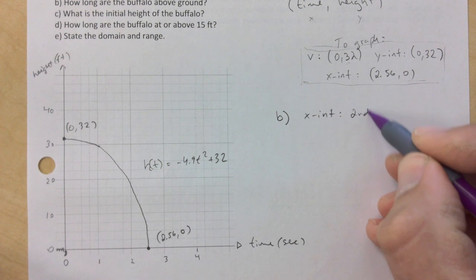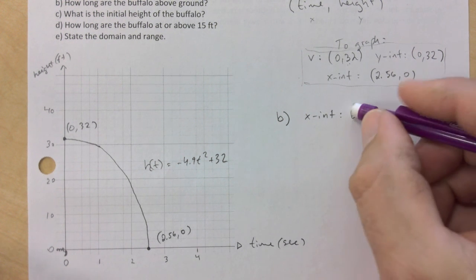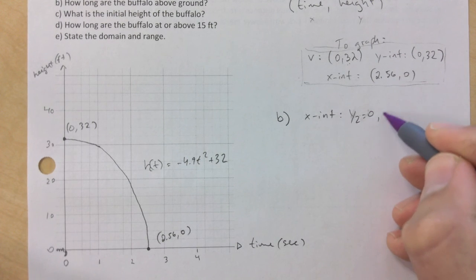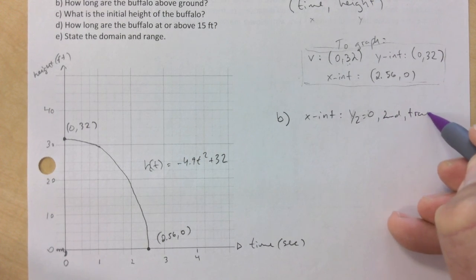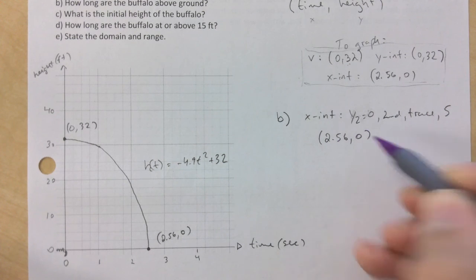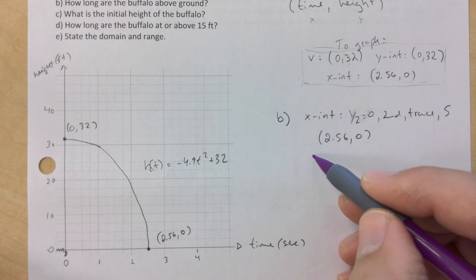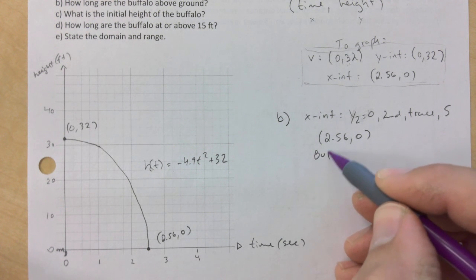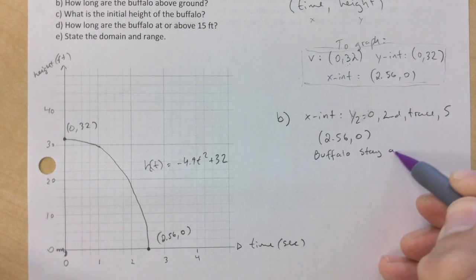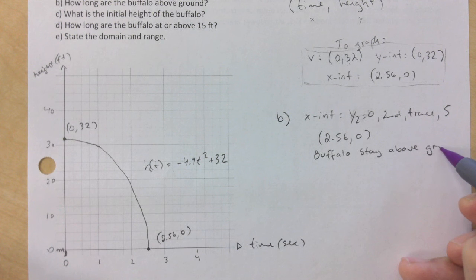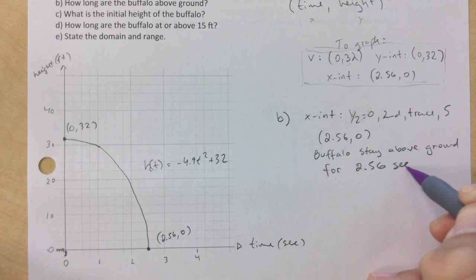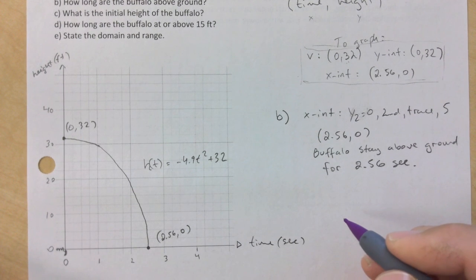Second, trace 5, y2 is equal to 0, and the one I'm interested in is 2.56. So the buffalo stay above ground for 2.56 seconds. Okay, so that's that.